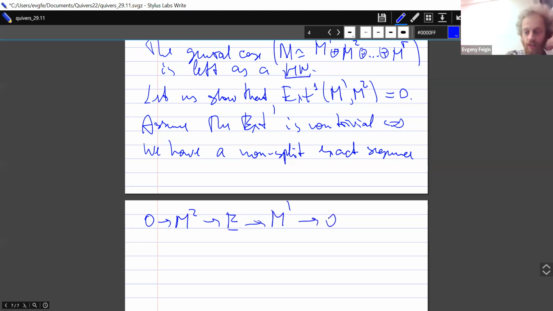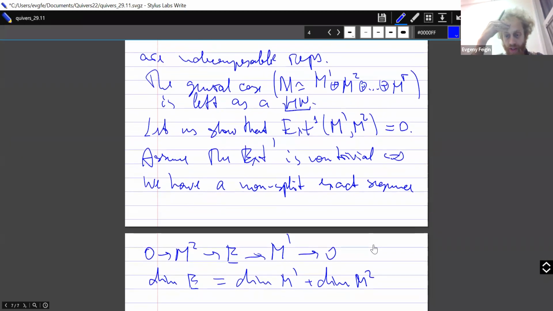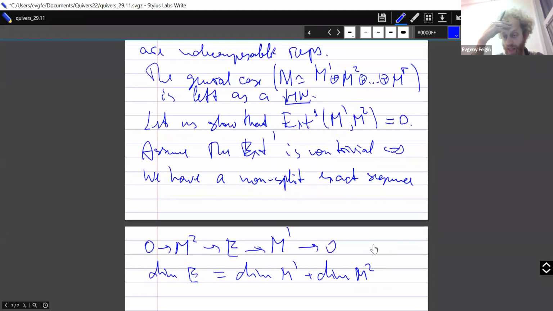So what do we know about the dimension of E? It is the sum of the dimensions. And we know that M, the one we started with, is the direct sum of M1 plus M2.